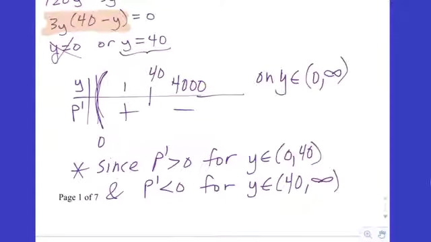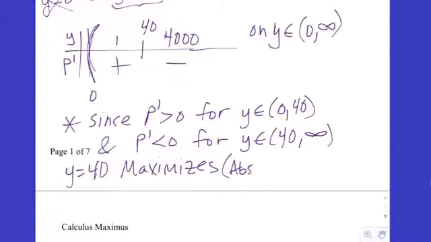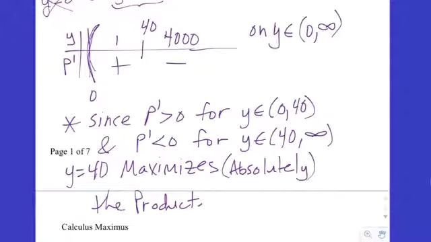That's a true statement. Y equals 40 maximizes, and if you want to put in parentheses here, absolutely, it maximizes absolutely the product. That's another way of saying it's the absolute max.